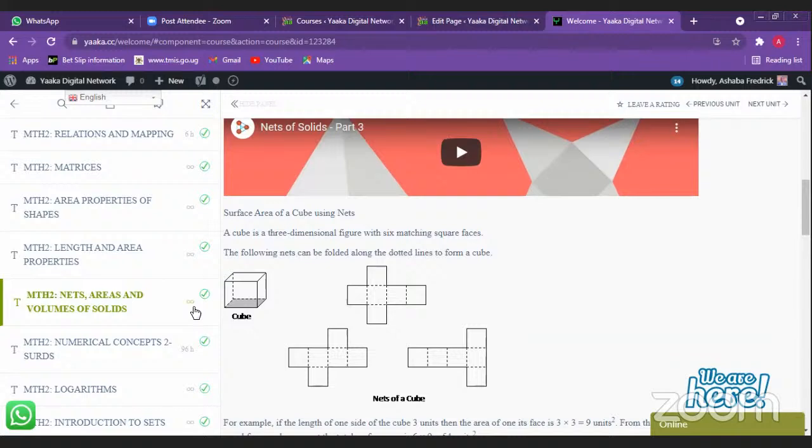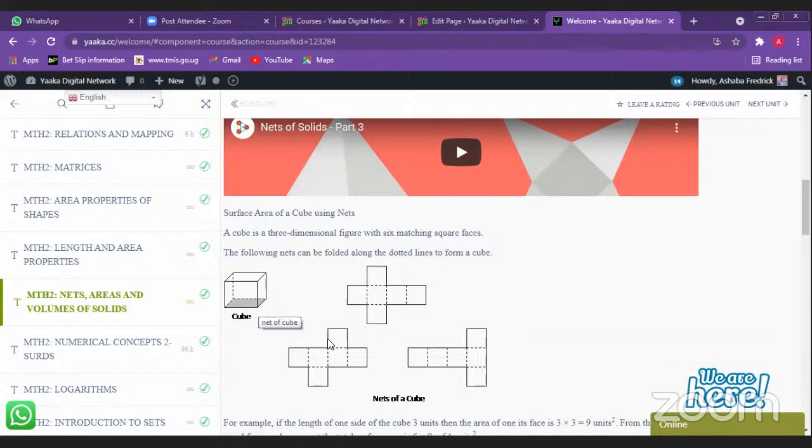A cube is a three-dimensional figure with 6 matching square faces. So the faces are square. So in other words, they are equal, or the sides are equal. This side is equal to the base, so the length is equal to the width and is equal to the height.